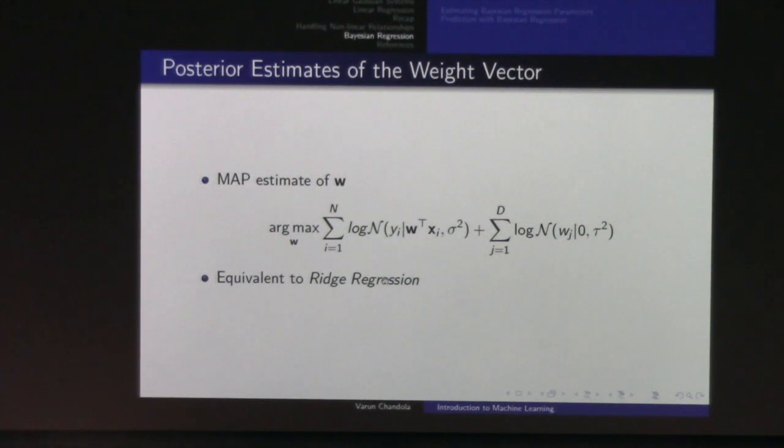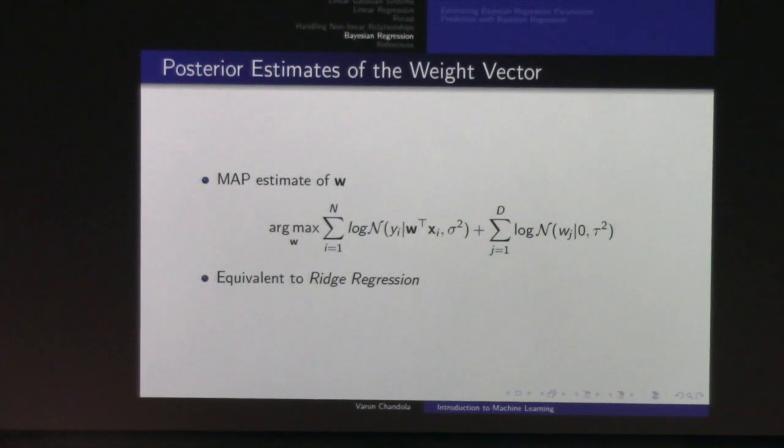If you remember in ridge regression, we were trying to minimize the squared error, and here we were adding some regularization. In the case of Bayesian regression, this prior has the same effect as a regularizer.